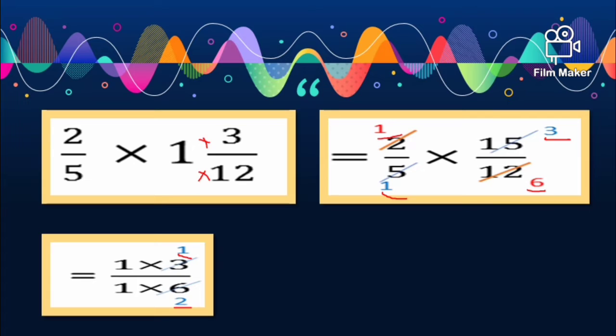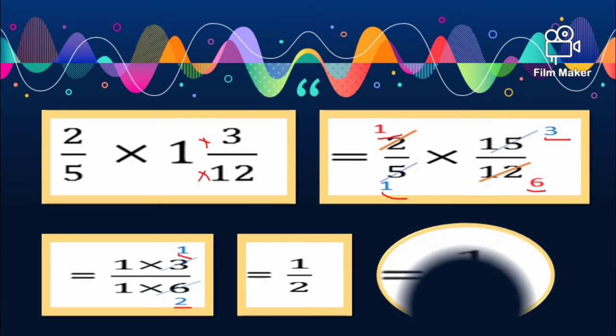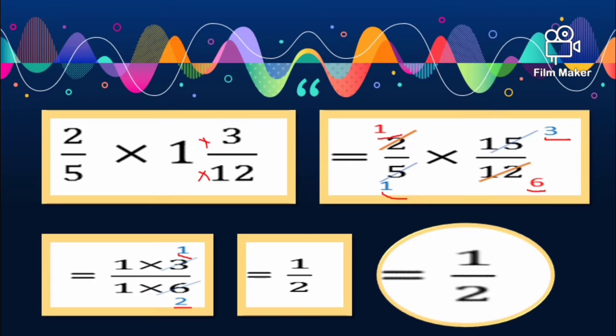Now finally we have 1 ones are 1 and 1 twos are 2, because now the numerators are 1 multiplied by 1 and the denominators are 1 multiplied by 2. So 1 multiplied by 1 is equal to 1 and 1 multiplied by 2 is equal to 2. So finally it is the lowest term and the final answer is 1 by 2.